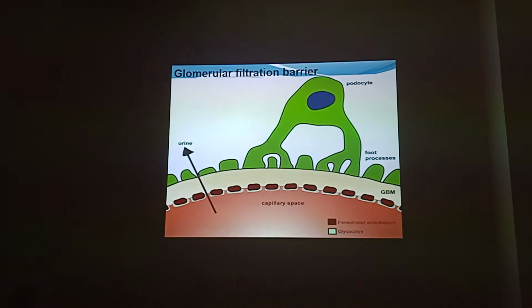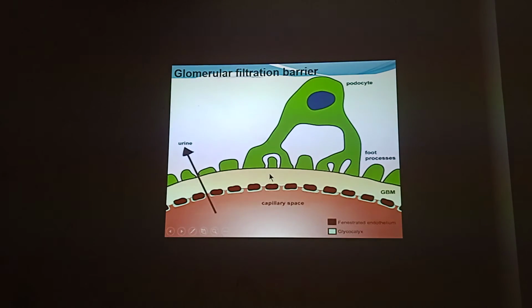And through this, the blood filters, and there are two barriers, that is the size barrier and the charge barrier. Albumin, the size of albumin and less than that can filter. And the second thing, only positively charged particles can filter, negatively charged do not.